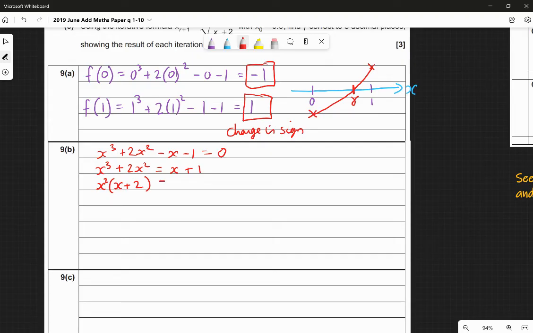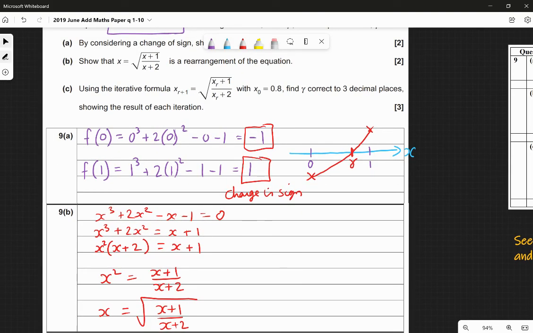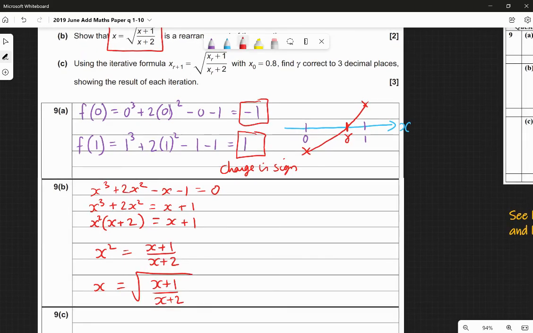And that's quite helpful. Now my next line is x squared is equal to (x plus 1) over (x plus 2). And therefore, x can be written as the square root of (x plus 1) over (x plus 2). QED. Okay, so that's us showing that that is a rearrangement of the equation. All I've done is use algebra to rewrite it in that form.